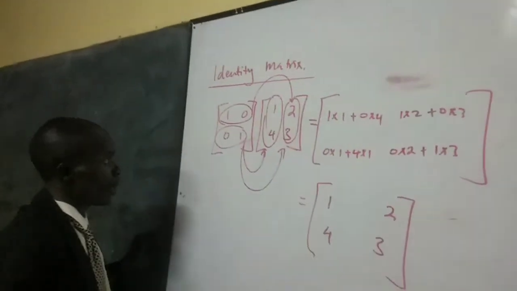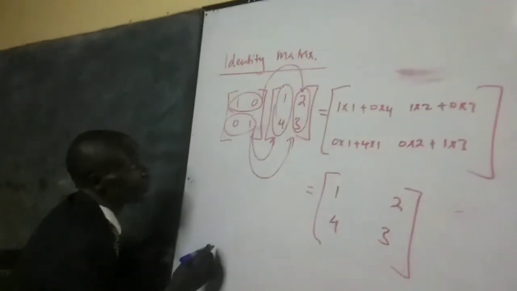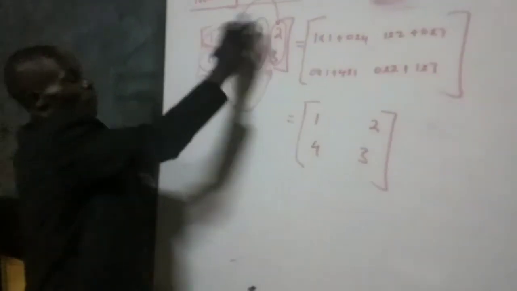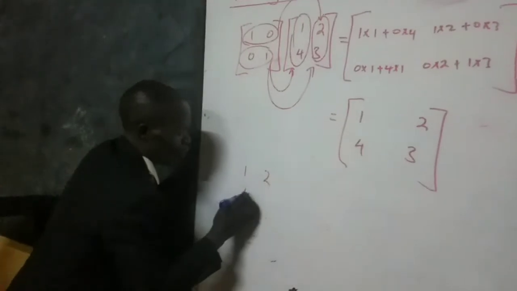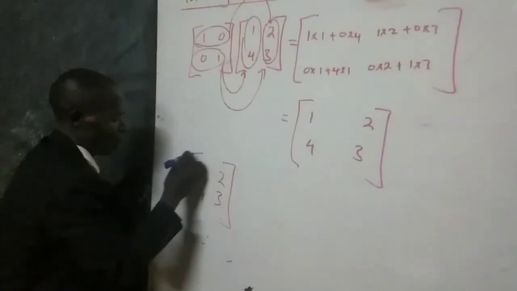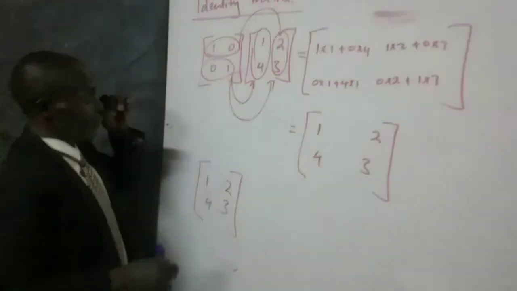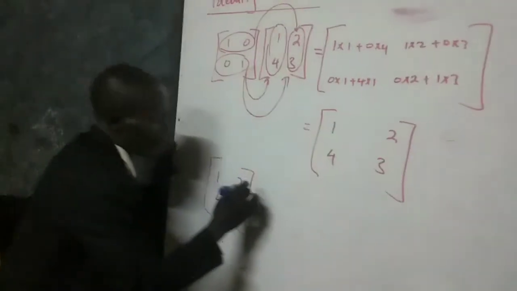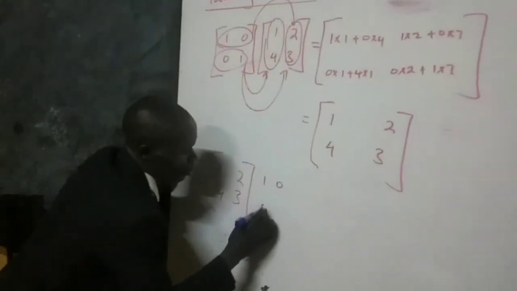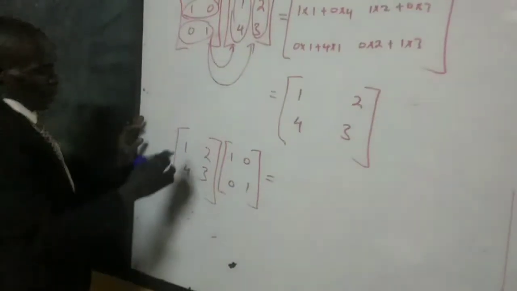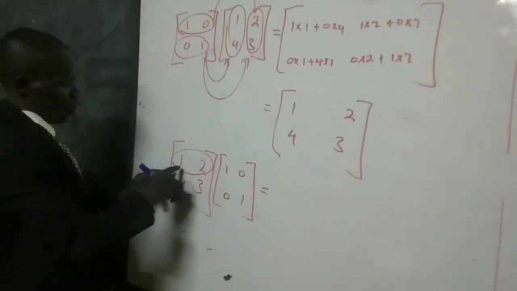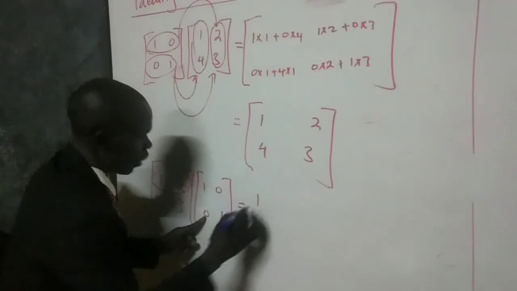Let's try again and multiply that matrix by another value. Let us post multiply this matrix, 1, 2, 4, 3. Here we have pre-multiplied. Now here we want to post multiply. That is by 1, 0, 0, 1. So when we post multiply, then we have 1 times 1 plus 2 times 0, that is 1.